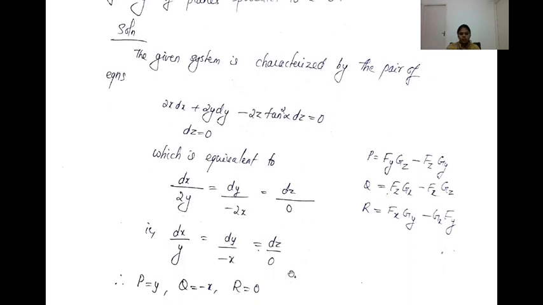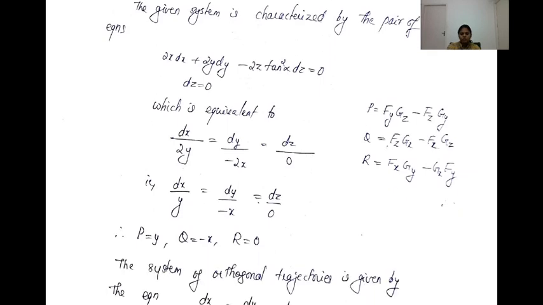So you will get dx by p, dy by q, and this is the value of r. And I can remove 2 here. So I will get dx by y, dy by minus x, dz by 0. And now these are the values of p, q and r. So p is y, q is minus x and r is 0.